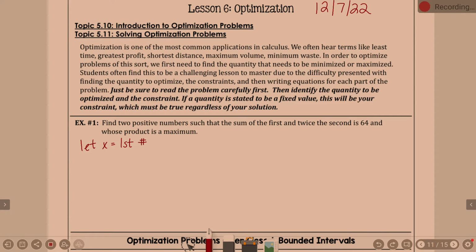I'm shortcutting. Let x equal the first number. And let y equal the second number. So write me an equation that we can use as part of this problem. Sum of the first and twice the second is 64. So what's that equation?